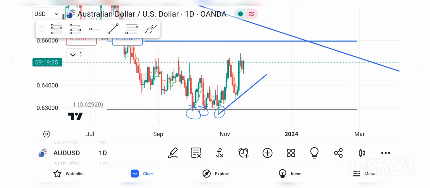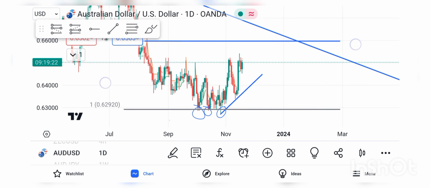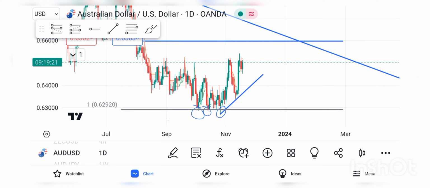But for now, we are going to have to be sitting on our hands. We'll just be watching AUDUSD. It should be ready soon.